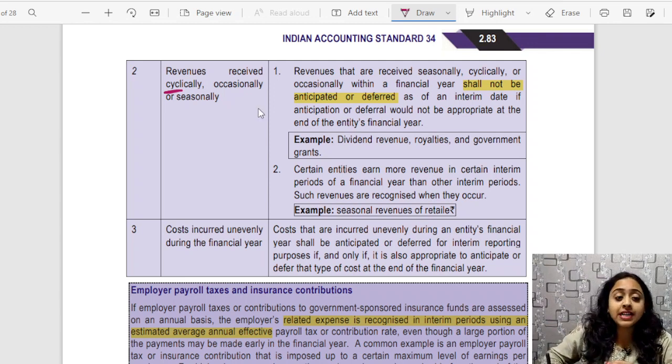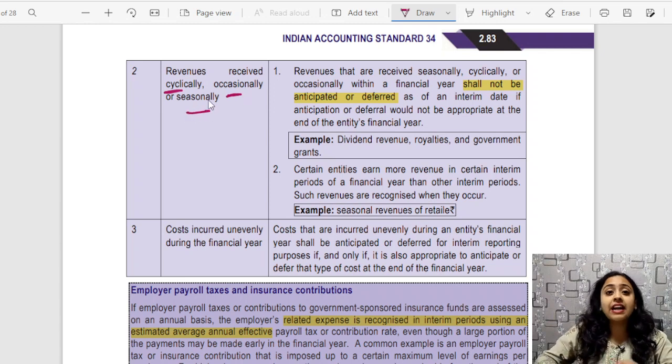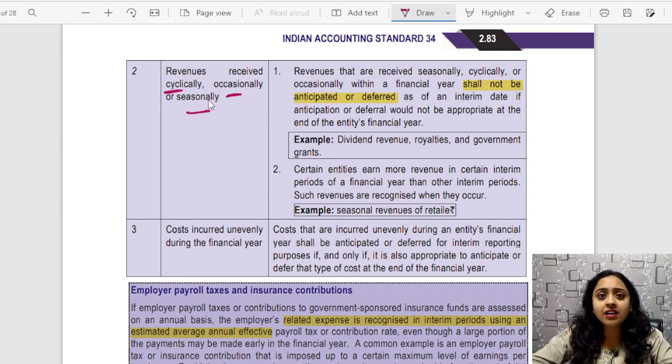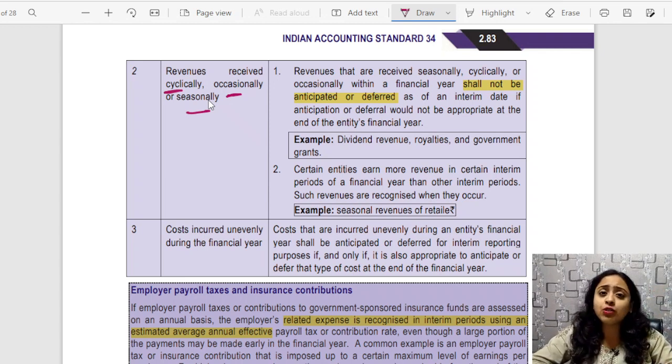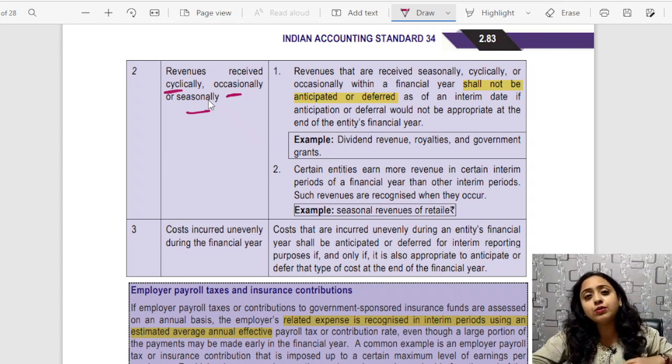Or seasonally, there are certain businesses that have seasonal high revenue, and when it is out of season, there is very low revenue. For example, air conditioners, AC: there are summer times when the revenue is too high, and there are times when there is no sale or very negligible sale.